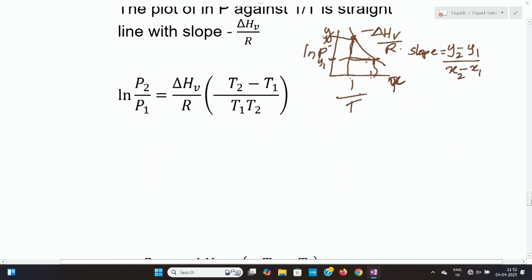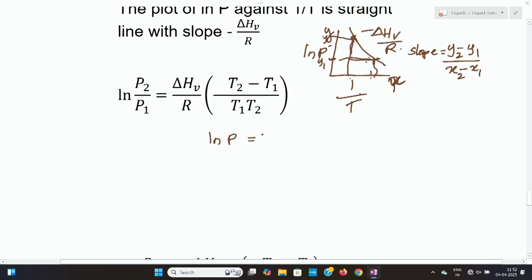Okay, then if we have different vapor pressures and different temperatures, how the Clapeyron equation will be, that we are going to see next. We have the Clapeyron equation as ln P is equal to minus delta HV by RT plus C. So for ln P1, this will be T1.